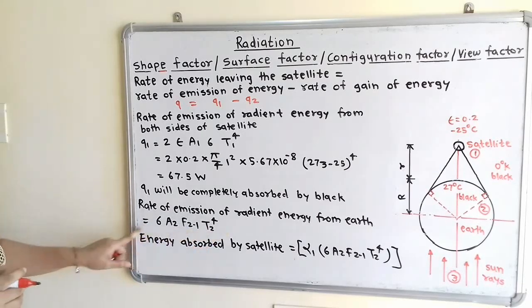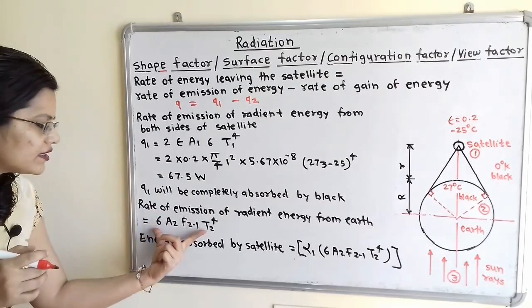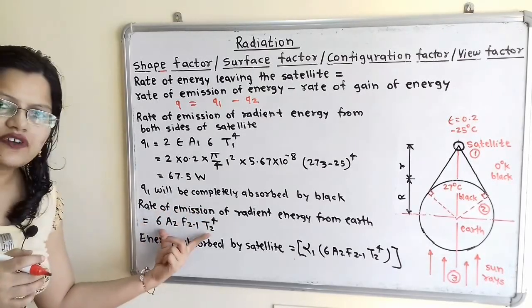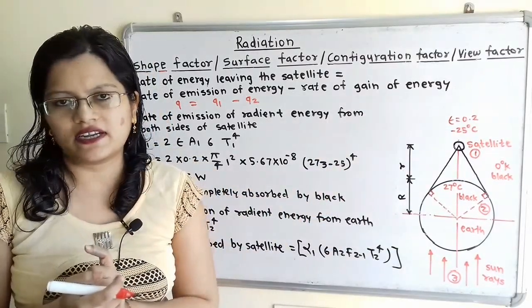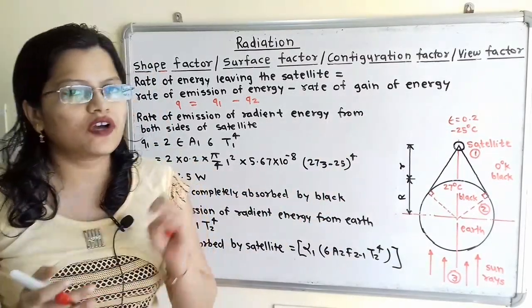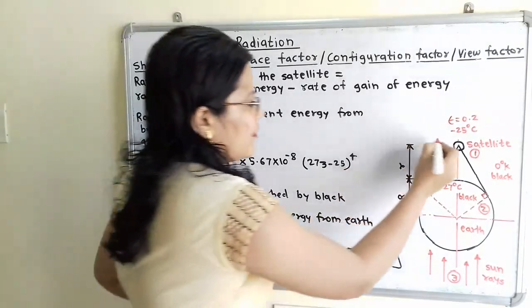Now this is the formula, but we know that this whole emission of radiant energy is not getting absorbed by the satellite. Why? Because there is also the absorptivity of the satellite, that is alpha 1.